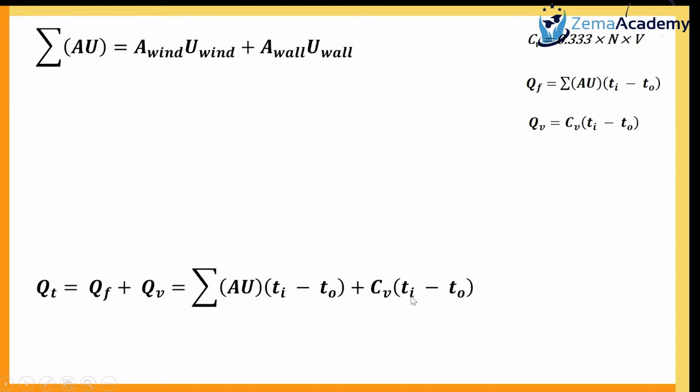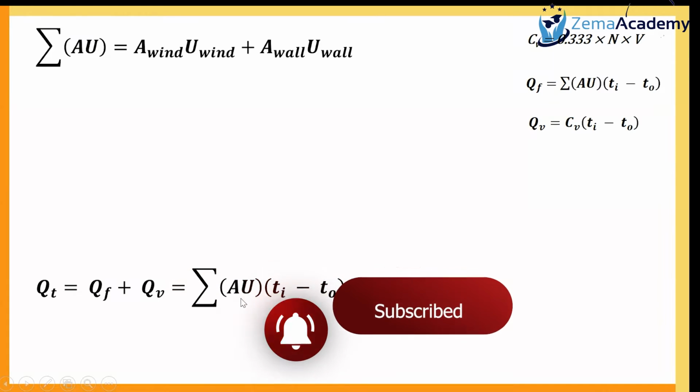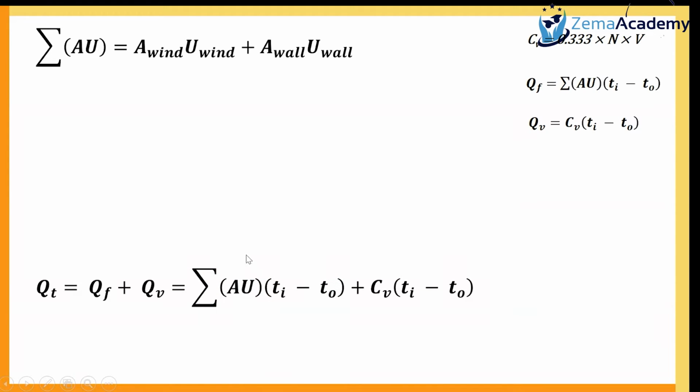Remember, T inside is 20 and T outside is 0. And the fabric heat loss, this thermal conductance part, is going to come from the top equation. Again, the difference is inside 20 and outside 0. For you, I have written the formulas here also.